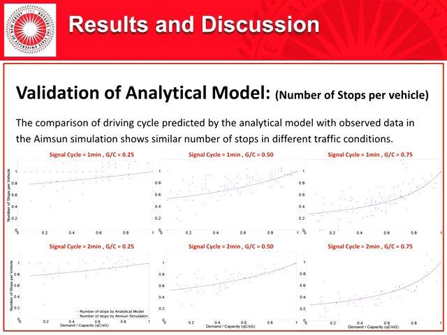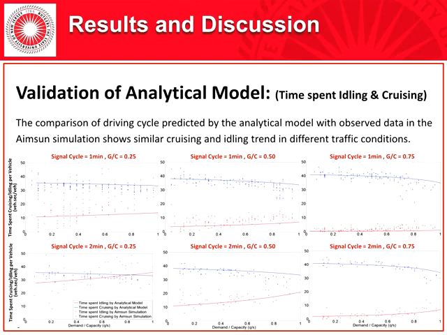However, in a very short signal cycle with a very short green period, due to the very small number of passing cars and number of stops, the trend cannot be seen in the simulation results, which are in the upper left corner.